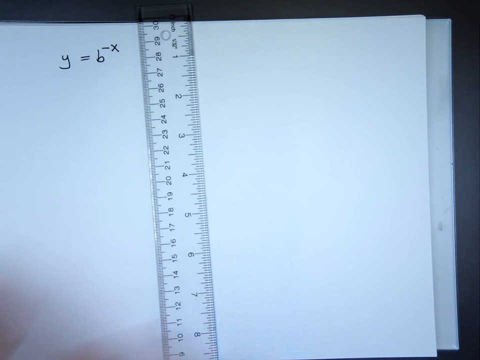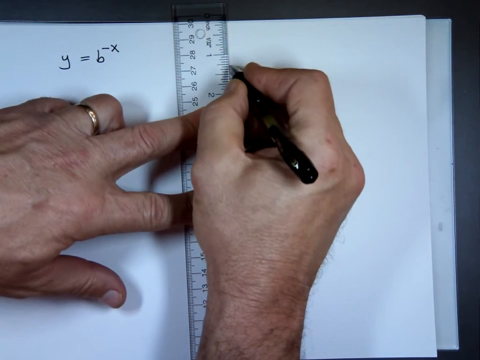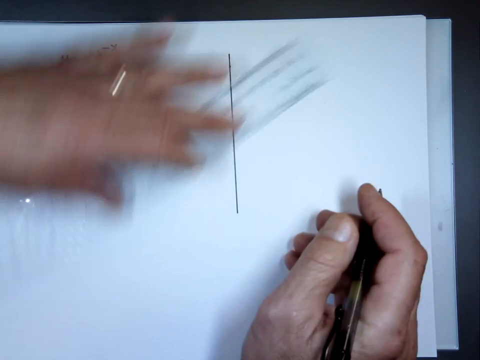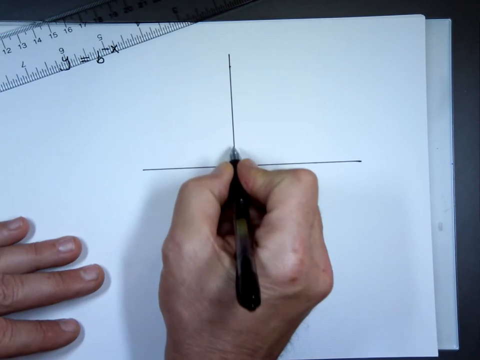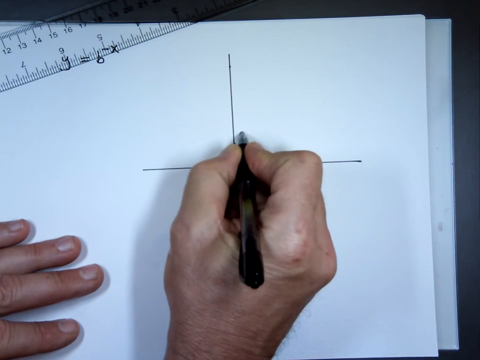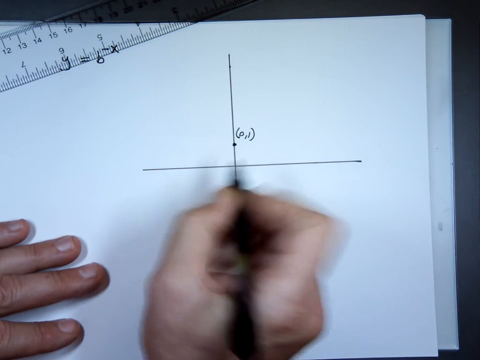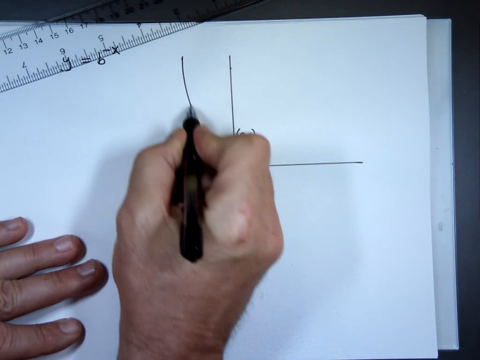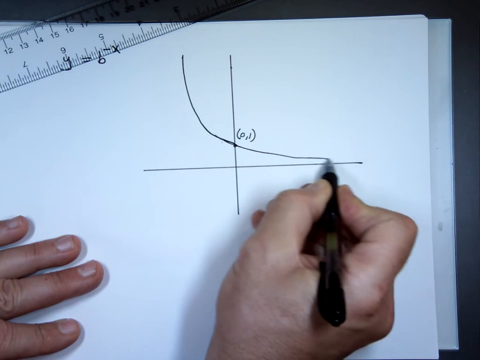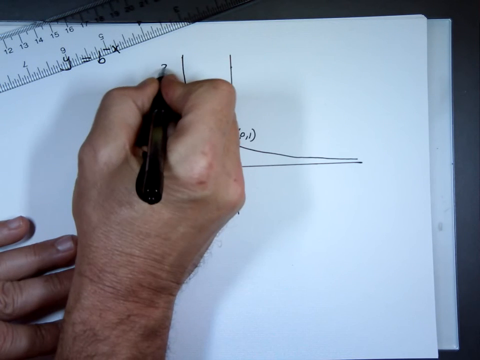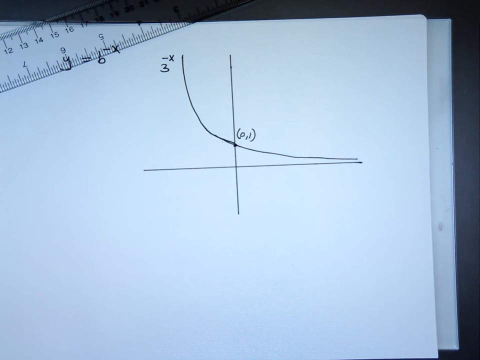So if you were to graph that, guess what the graph will look like? We can make the table, but the graph will be reversed. Still going to go through 0, 1. If I did 3 to the negative x, it will look like this. That's called a decay problem.